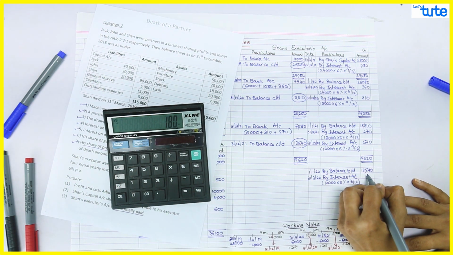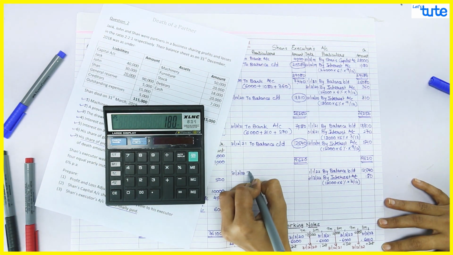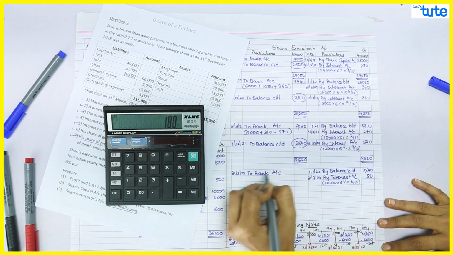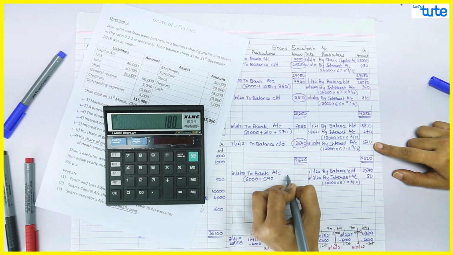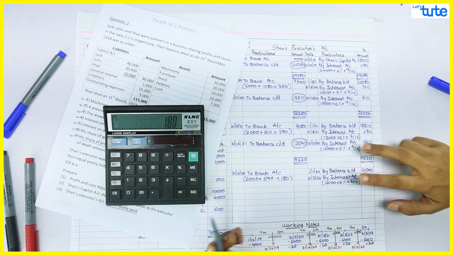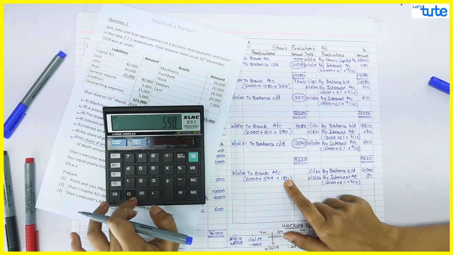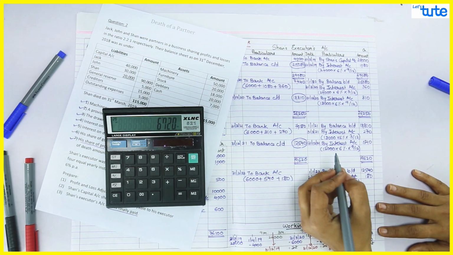So that comes to 180. Make the installment payment on 31st March 22 to bank account: 6,000 plus 540 interest plus 180 interest. That is interest on this outstanding 12,000. So 180 plus 540 plus 6,000. So that comes to 6,720.